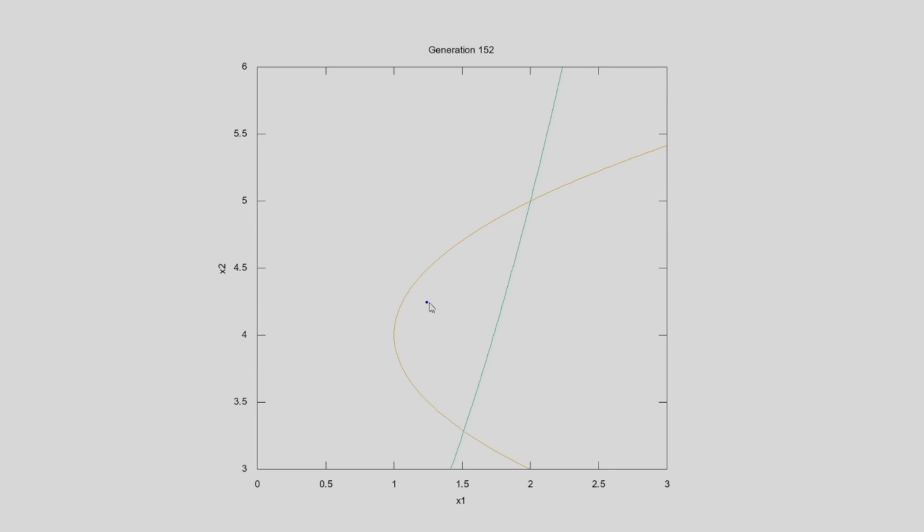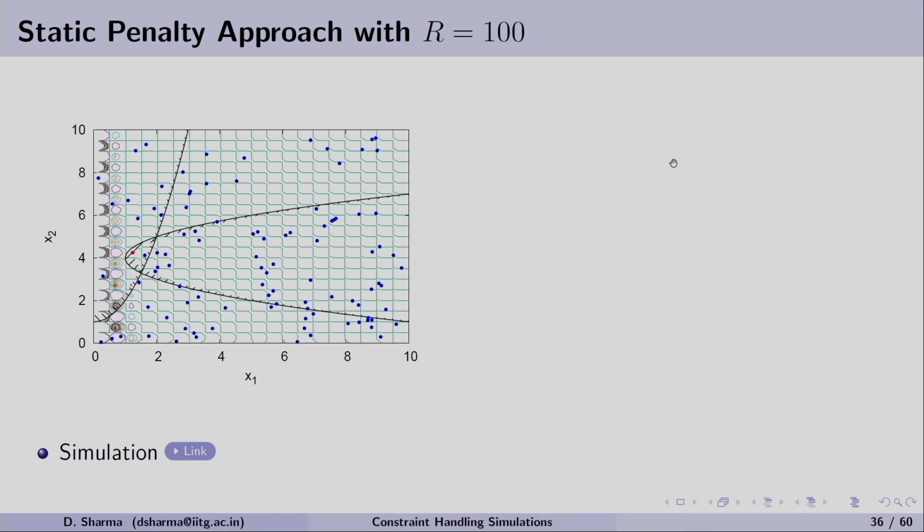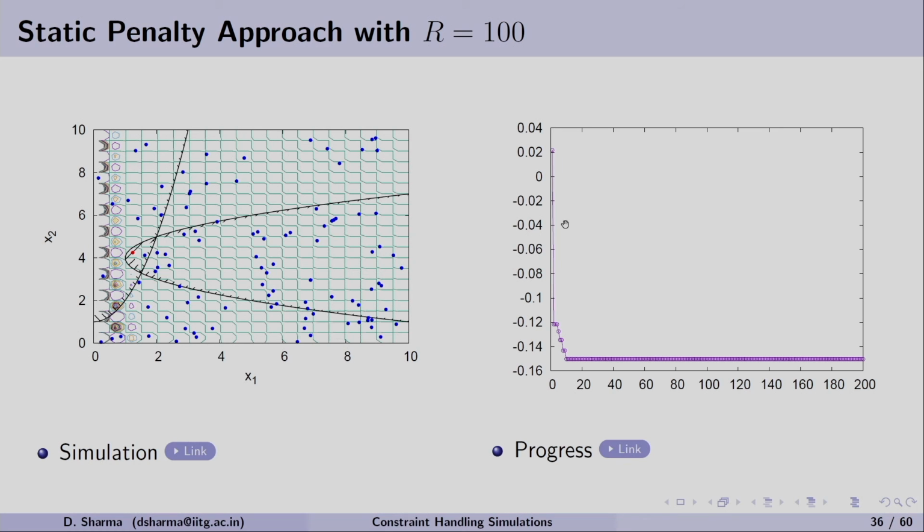So, till 150 generations, we can see all the solutions have already converged here and there is no divergence, meaning that members are not moving to another solution based on the fitness. So, we have to see till 200 generations. Yes, using r equal to 100, we are able to get the solution.